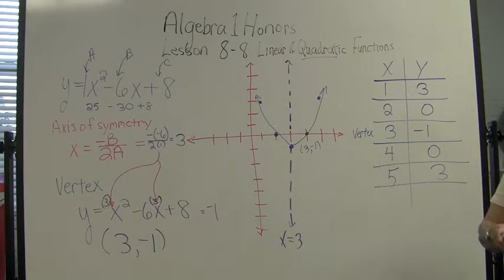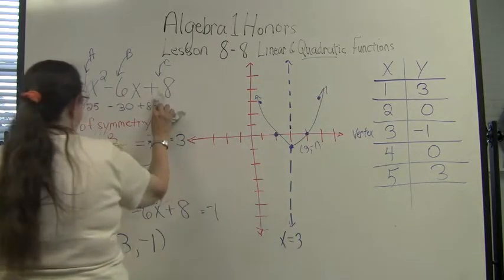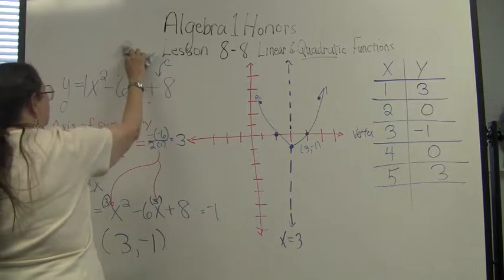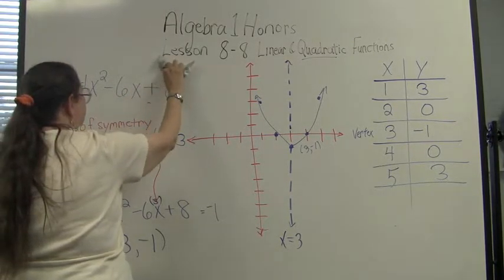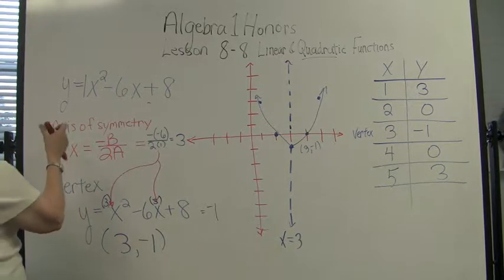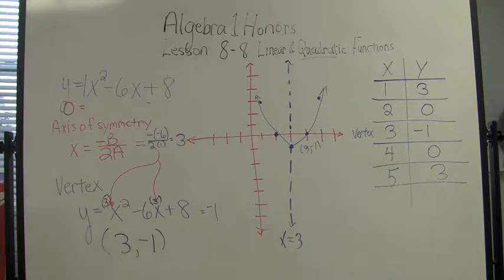Now I want to show you one additional thing for those of you who are a little bit ahead of the game. If you look just at that equation right there, let me get rid of all the extra things that are here. If we put a 0 in for y over here, you've learned how to solve those kind of equations by factoring this side.